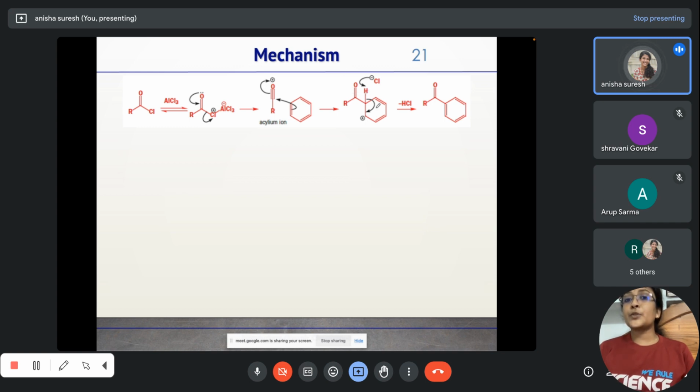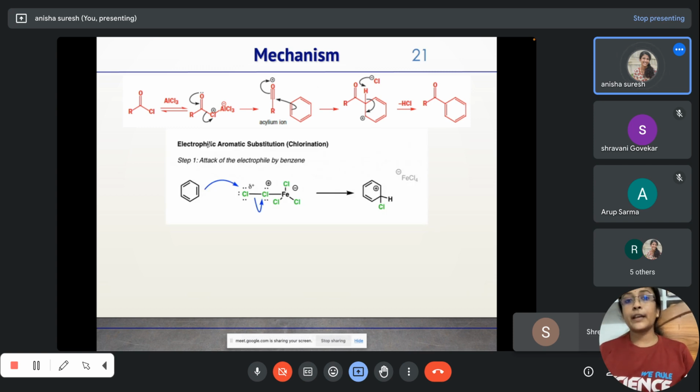Then, in order to regain the aromaticity of the system, Cl minus, which will be present in the system, can abstract the proton that is adjacent to this acyl group, and it can neutralize the positive charge that will be generated on this benzene ring. So we will get acylation of this benzene.